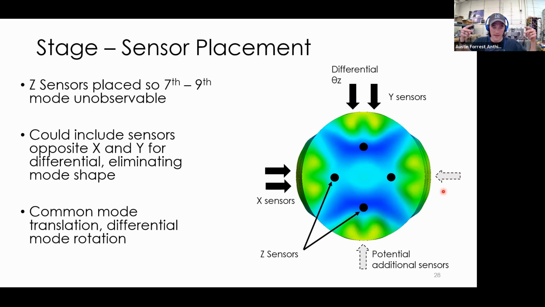If I take X as the differential between those 2 opposite side sensors, then I'm rejecting the common mode flexible oscillations of the stage and just looking at the X translation. We ended up not needing to use those, but in case we needed them. And then, measuring the rotations was just looking at pairs of sensors and measuring them differentially.